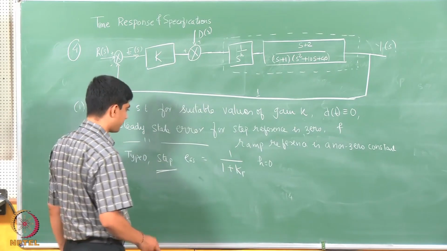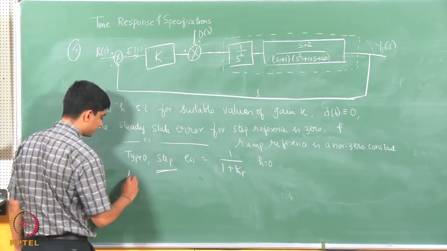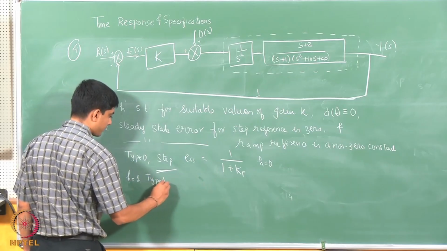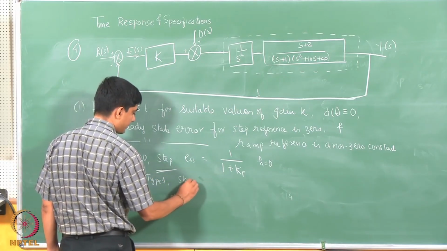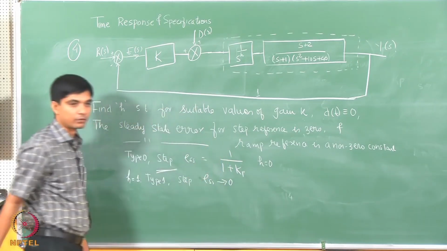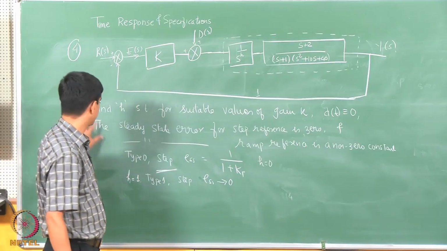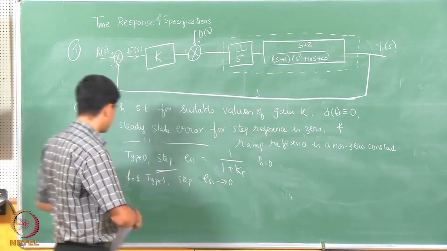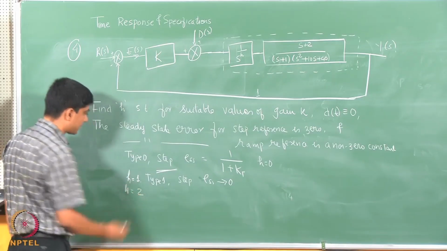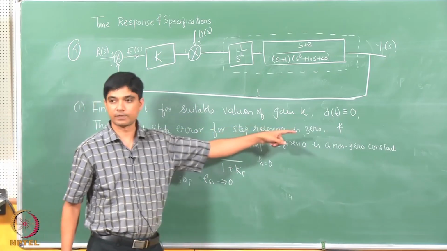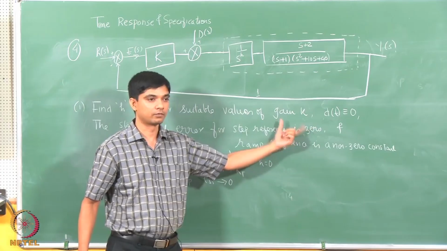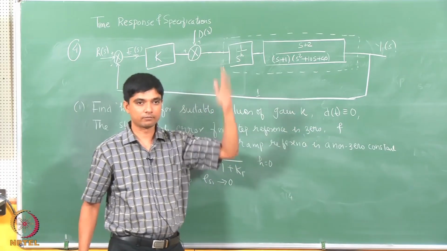So, I should at least have h to be 1, so that I have a type 1 system and then a step input, then ESS goes to 0, okay, that we know. Now, is that the answer? Well, if just this was the statement, I could say that h could be 1 or even more, h could also be 2, and this statement would still be satisfied, that the steady state error would be 0 for type 1, type 2, type 3 and so on.